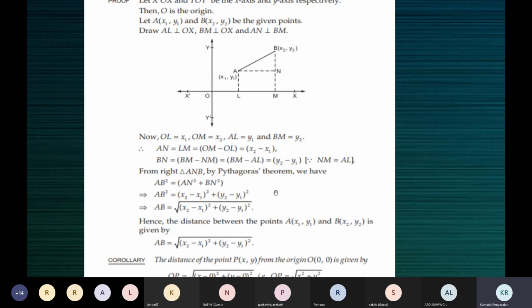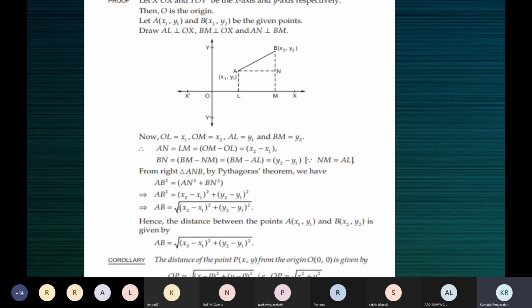Now, by applying Pythagoras theorem, we have AB square is equal to AN square plus BN square. We just found AN is X2 minus X1, and BN is Y2 minus Y1. Now we substitute. AB is equal to the square root of (X2 minus X1) the whole square plus (Y2 minus Y1) the whole square.